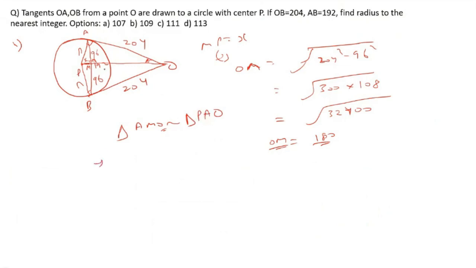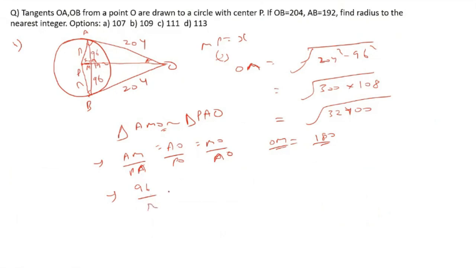Now I need to have a relation in R because that is what the question is asking. So what is R? R is nothing but PA. So let's write equations for PA. Basically it will be AM over PA is equal to AO by PO equal to MO by AO. These three equations will be there. What is AM? AM I know is 96. Why again 96? Because 96 was half of 192, and a perpendicular from the center to a chord bisects the chord.